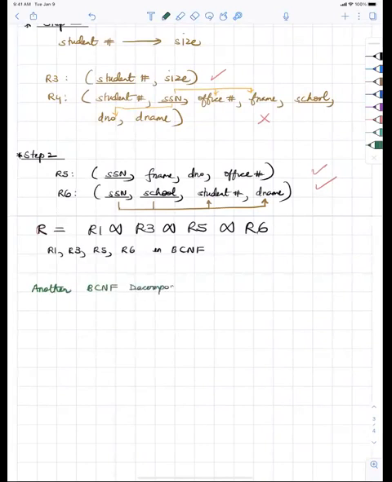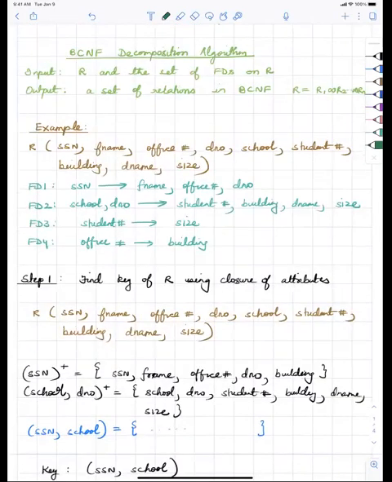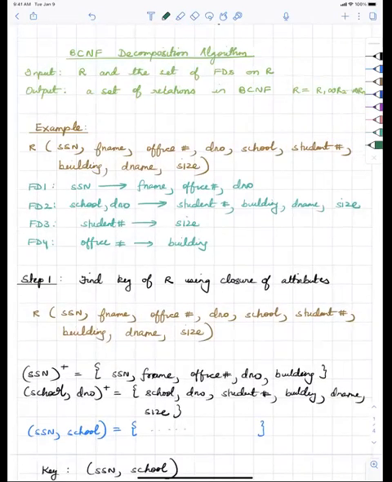So for this example, I just need to bring the functional dependencies down again, because otherwise I have to keep going up and down.